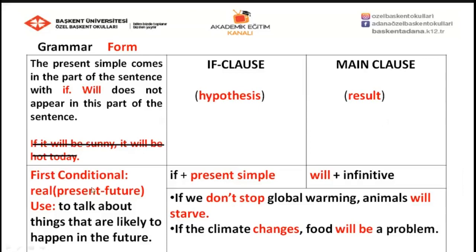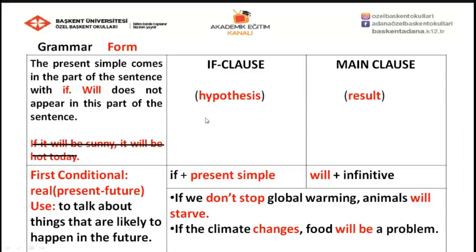I would like to give some information about its usage. To talk about things that are likely to happen in the future, we use first conditional.